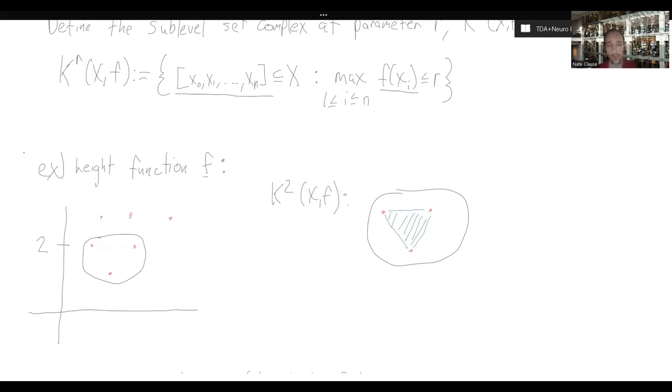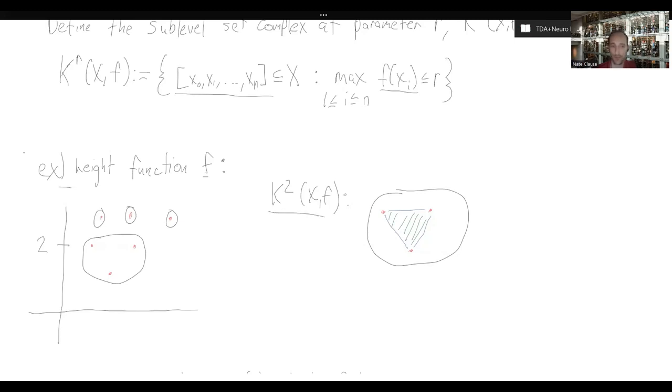One key thing that we can note here with a height function, or a sublevel set complex in general, is that in a Vietoris-Rips complex, all of the zero simplices from the space will always exist. Whereas here, we have 3 points from the space which don't exist as zero simplices in this simplicial complex.